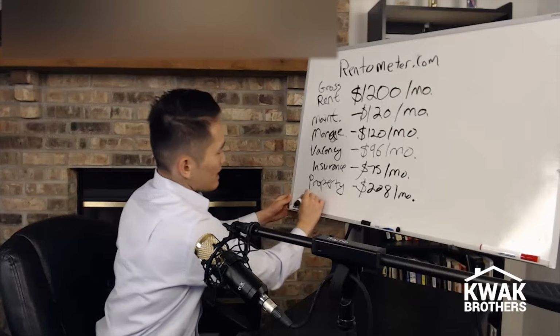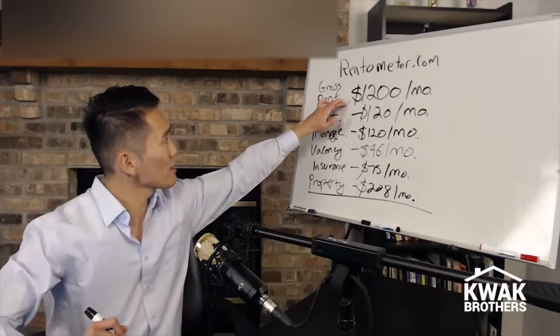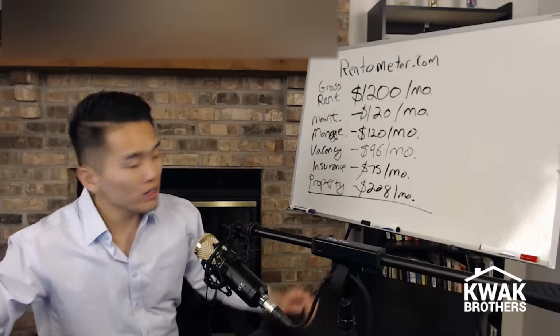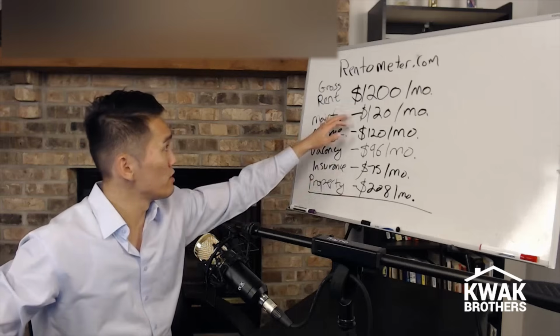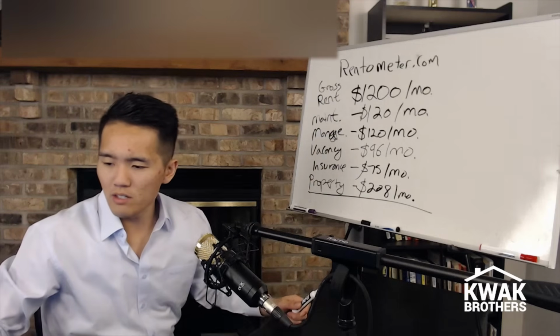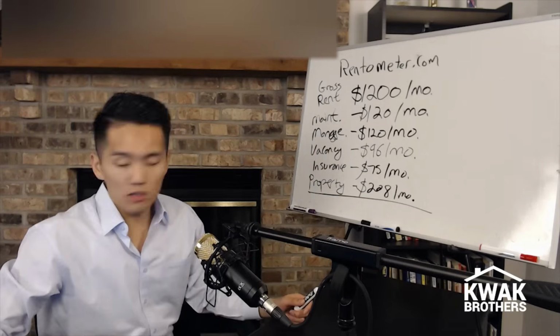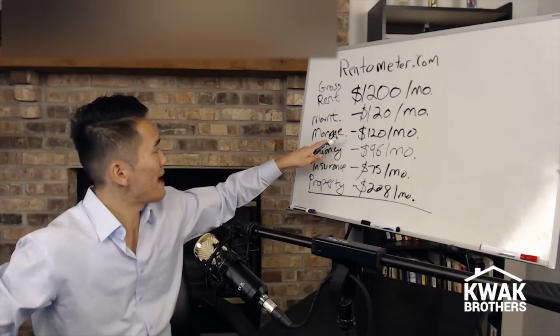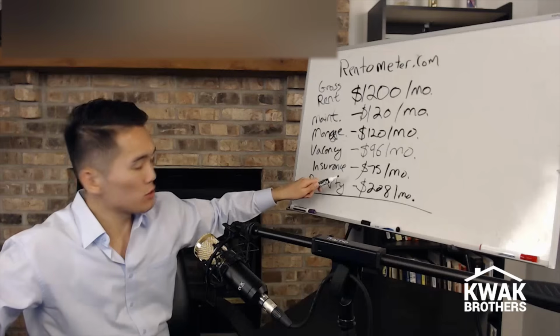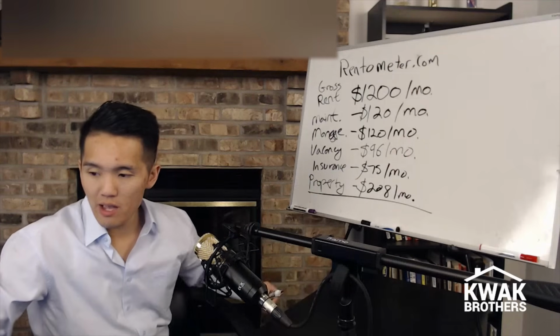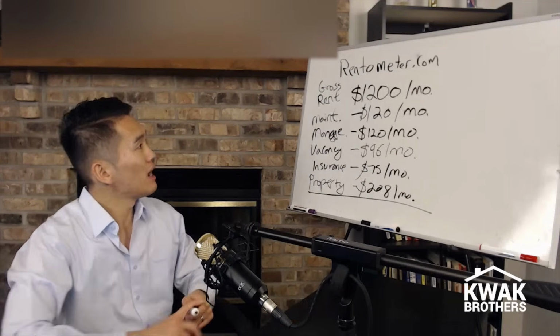So let's go ahead and subtract all those numbers. We're going to start at gross rent, $1,200, and if you guys got a calculator with me, you can follow along here. So $1,200 minus 120 minus another 120 for management, $96 for vacancy, and subtract $75 for insurance and $208 for the taxes.